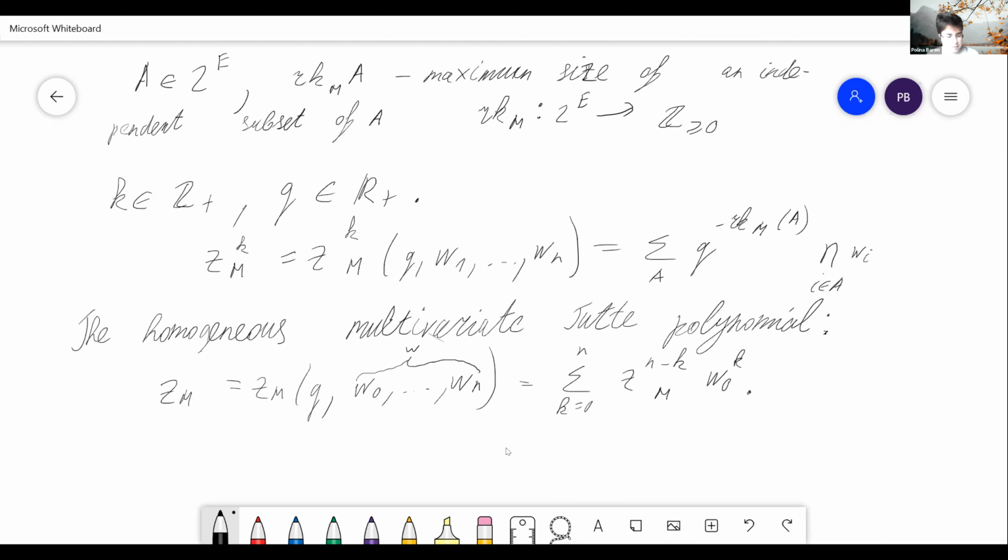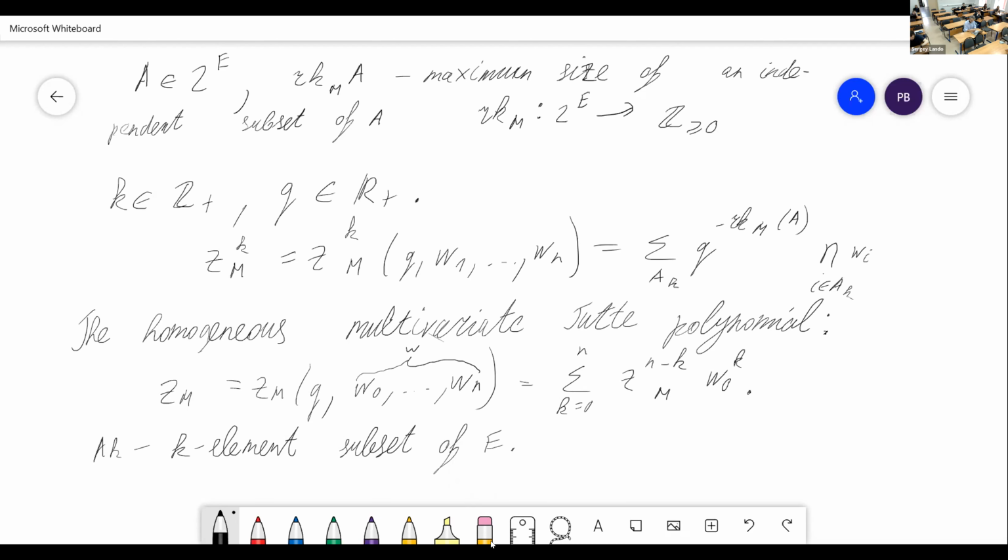It's hidden. We can say A_K, and A_K runs through all k-element subsets of E. Там А пробегает подмножество К элементов множества E. Понятно, да.